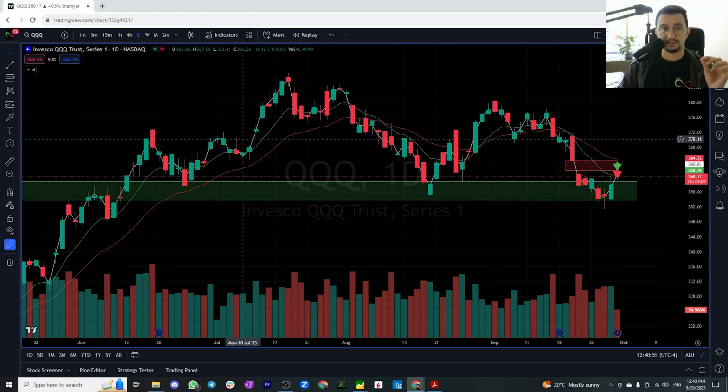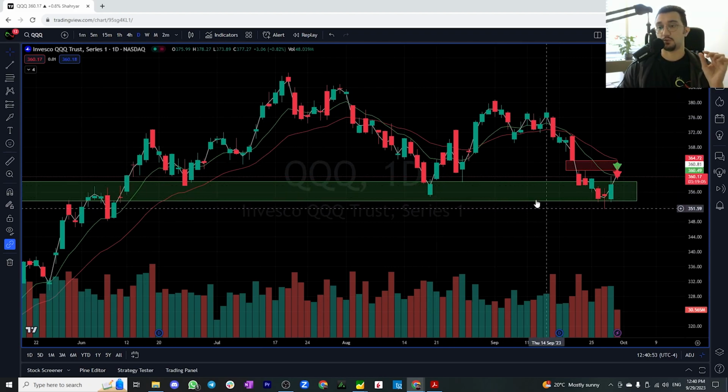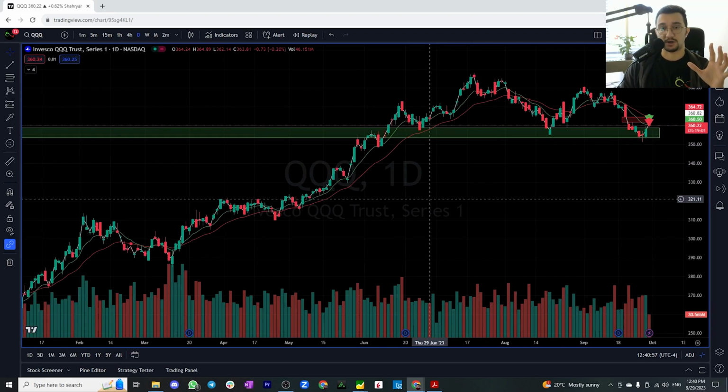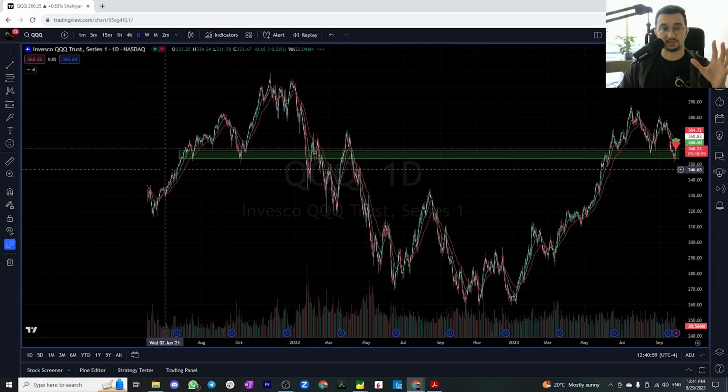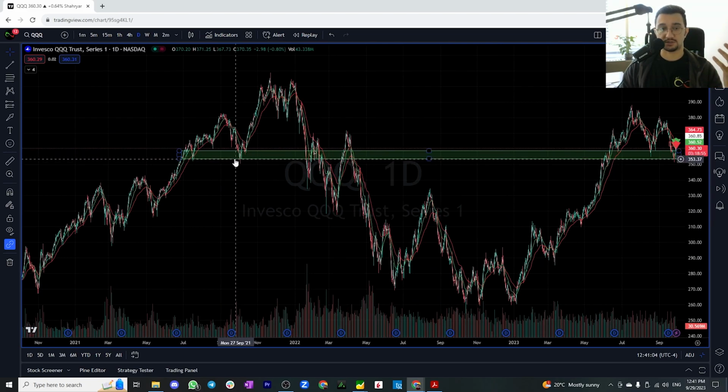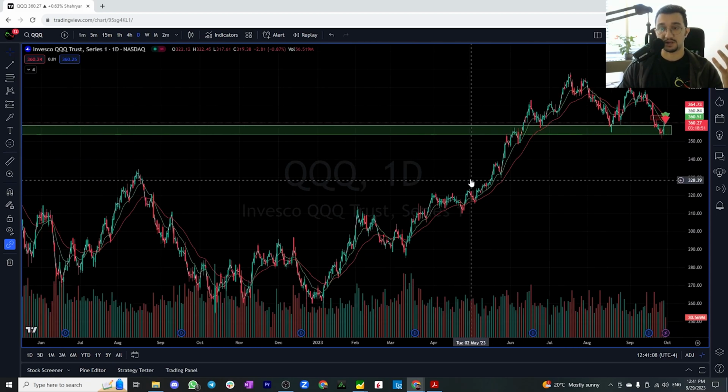As you can see on the daily chart, on QQQ, we are right at a really important demand zone, right? And this zone is pretty clear here. In 2021, September, October, we were holding this level, right?